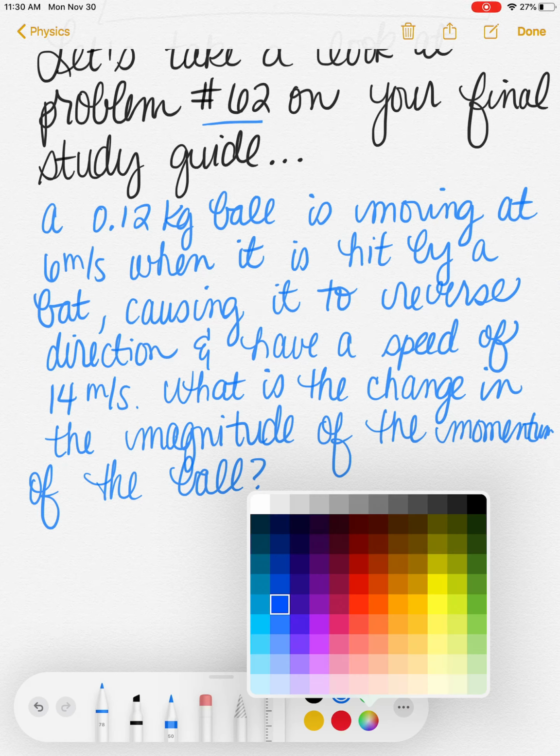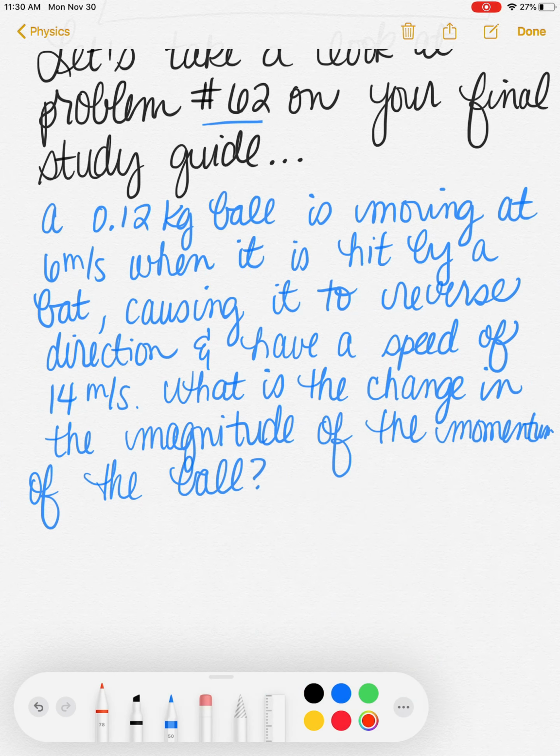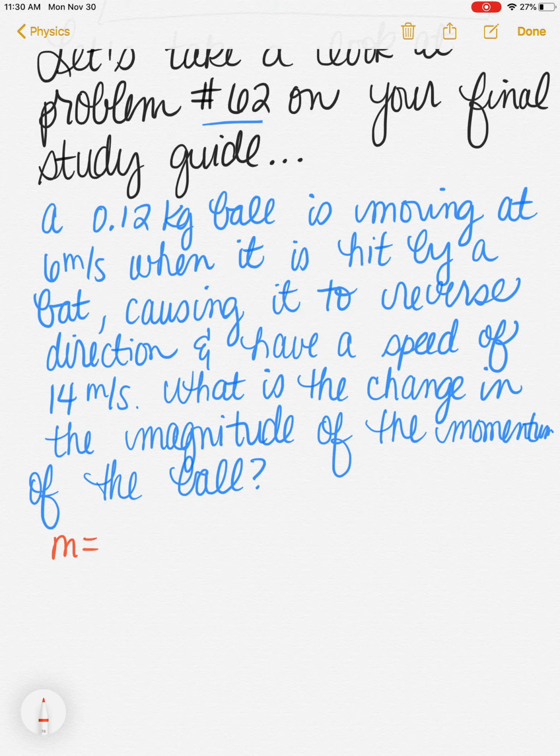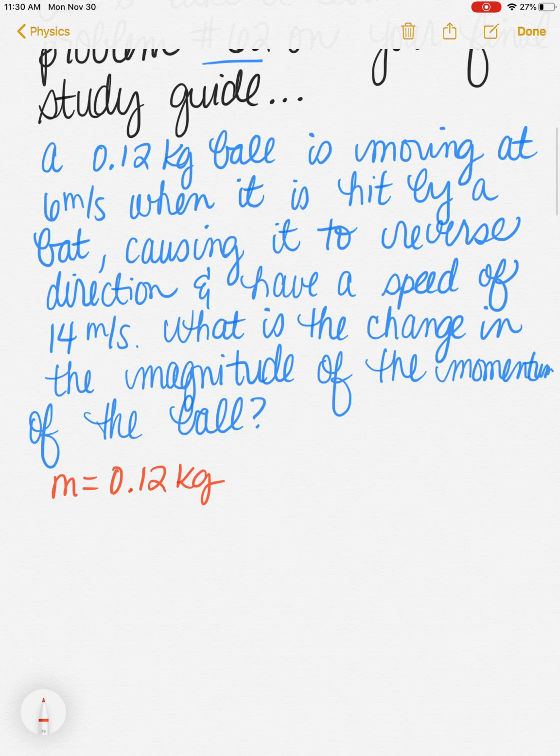All right, so let's list the things that we know. The first thing that we know is the mass of the ball is 0.12 kilograms. And then you ask yourself, is that an acceptable unit? Well, mass is supposed to be measured in kilograms, so that is fine. It is moving at, so the initial velocity is 6 meters per second. Meters per second is an acceptable unit for velocity.